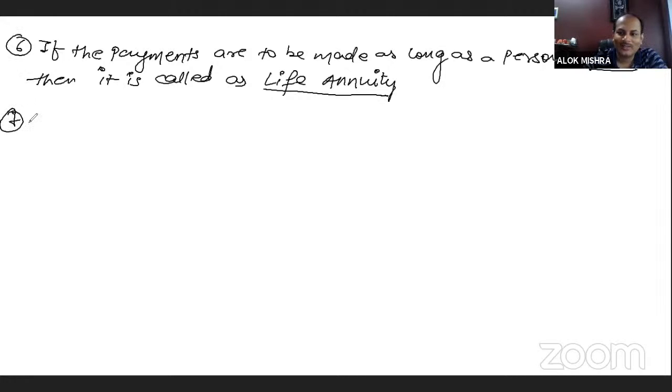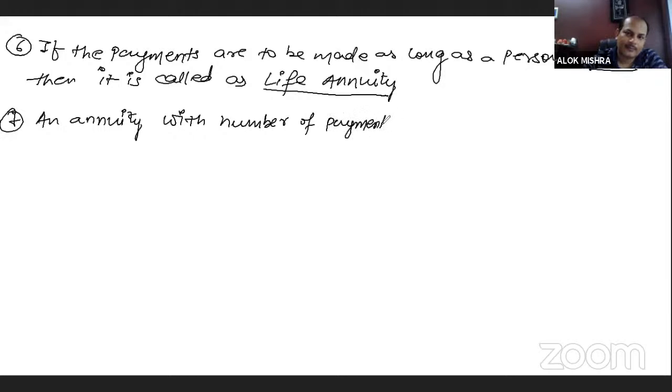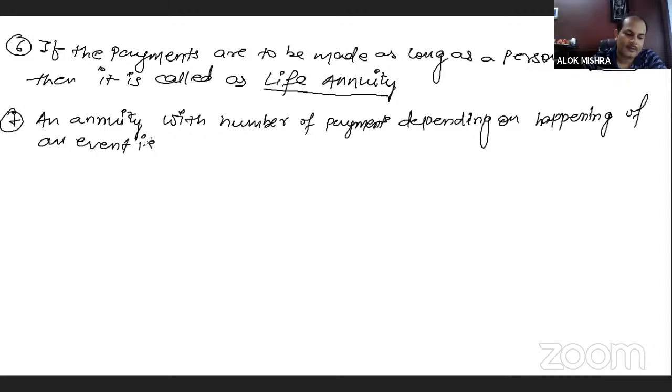So wherever I have underlined, it's all the important points. An annuity with number of payments depending on happening of an event is a contingent annuity.